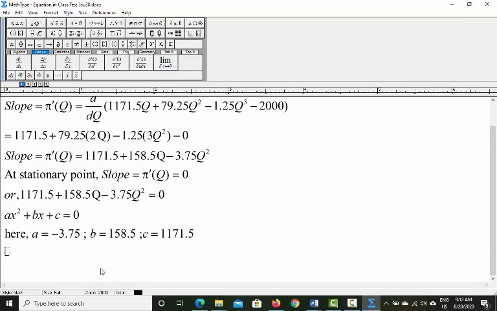Press mode and then choose EQN mode, that means press 5. Then choose this equation, that means number 3. Now input the values: the value of a is minus 3.75, the value of b is 158.5.